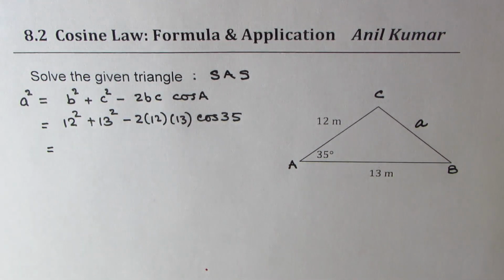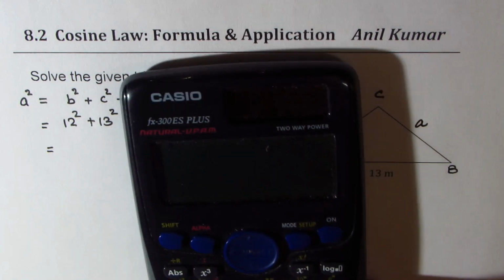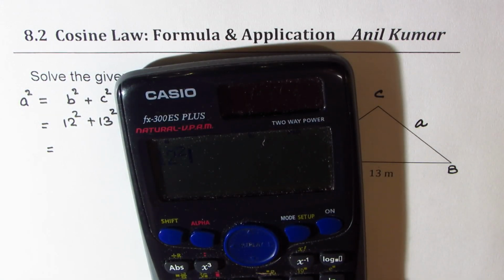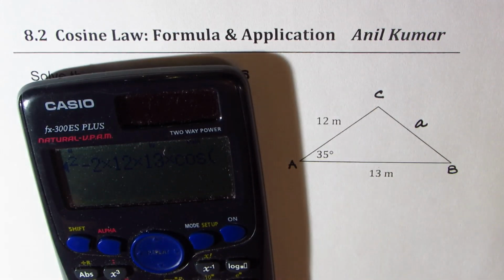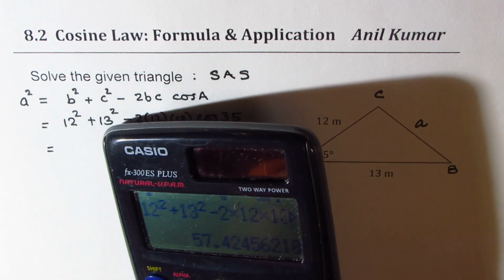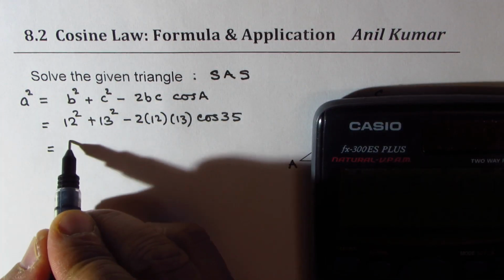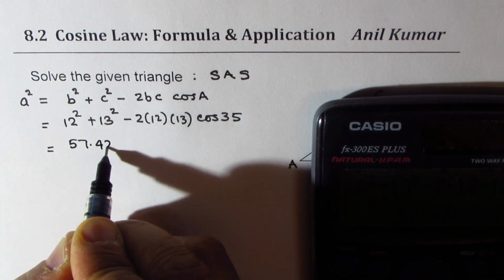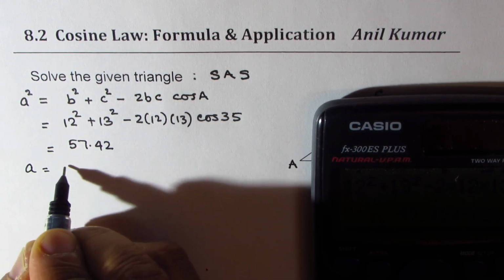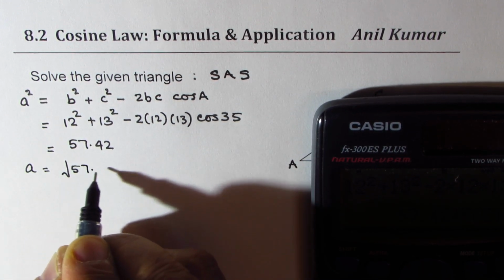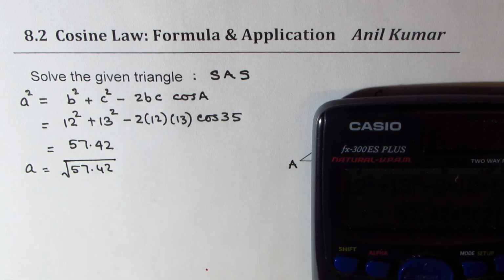So let's use the calculator. What we get here is 12 square plus 13 square minus 2 times 12 times 13 times cos of 35 is equal to 57.42. So we get a as square root of 57.42.